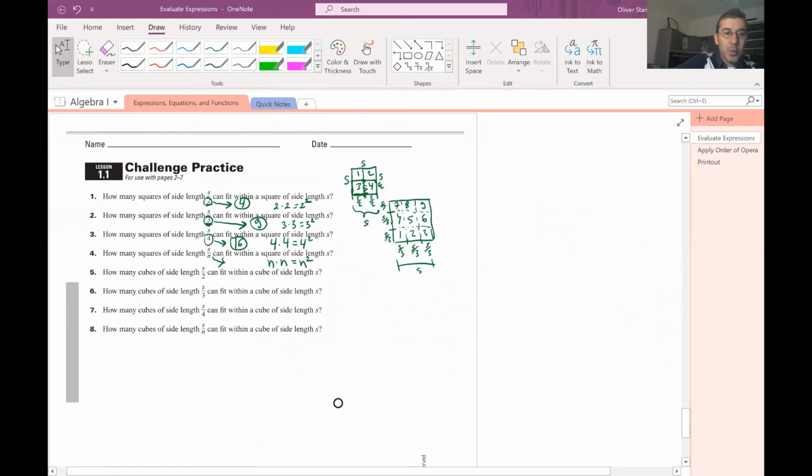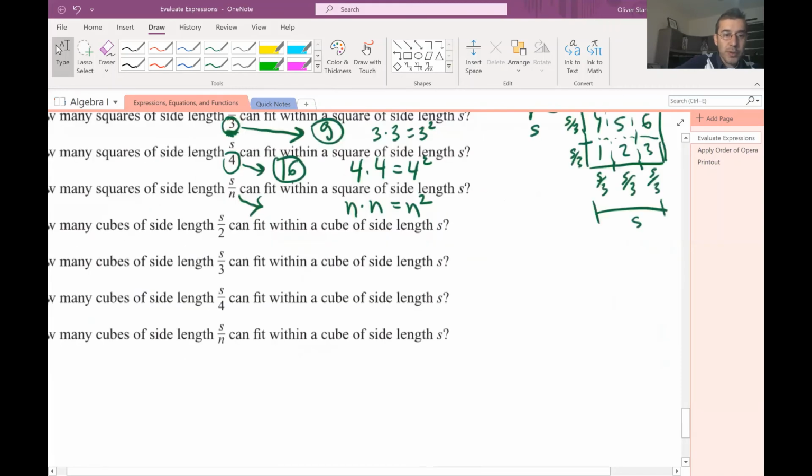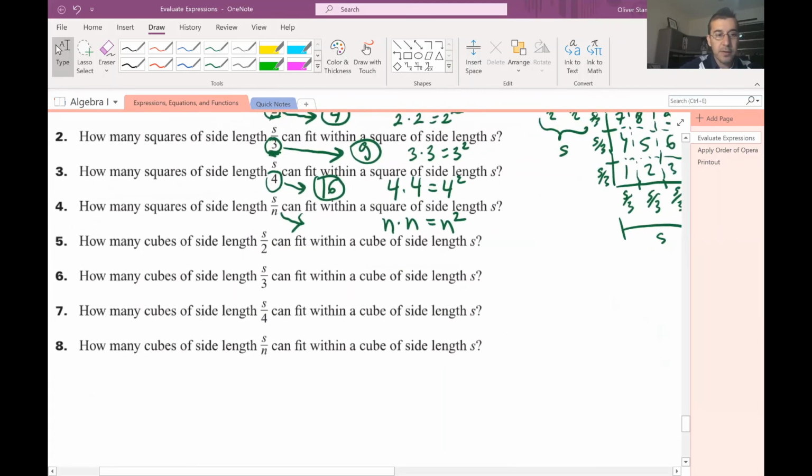Okay, and then that was squares, and now cubes. Questions 5 to 8, how many cubes of side length s half can fit within a cube of side length s? So, okay, let's think about this. Let's get the first one, number 5.